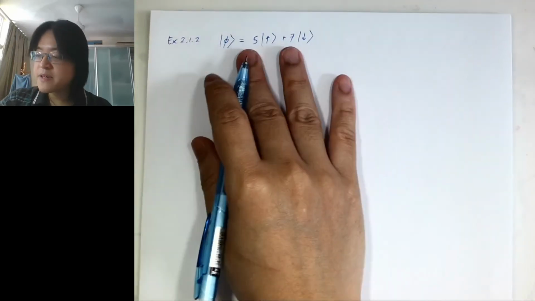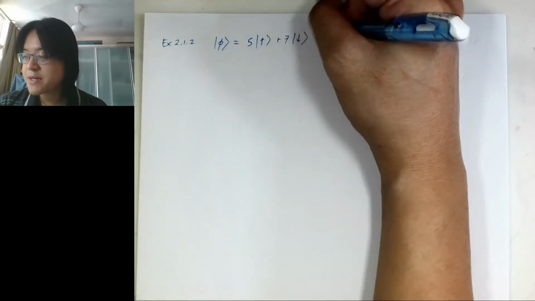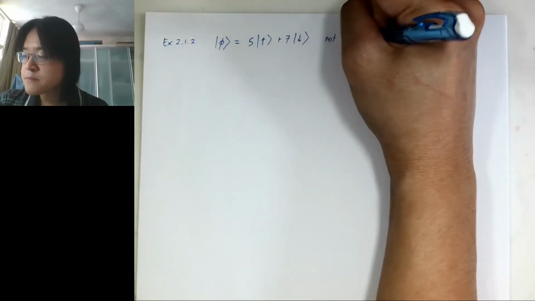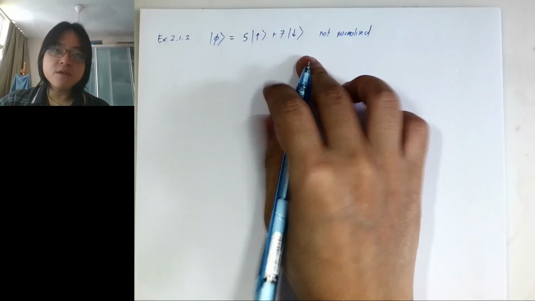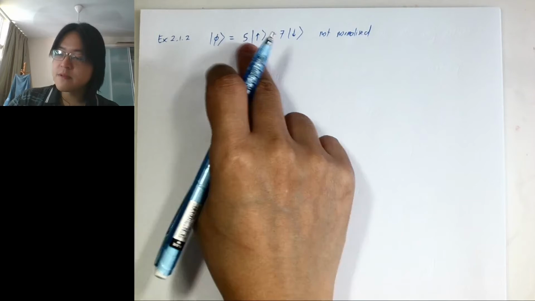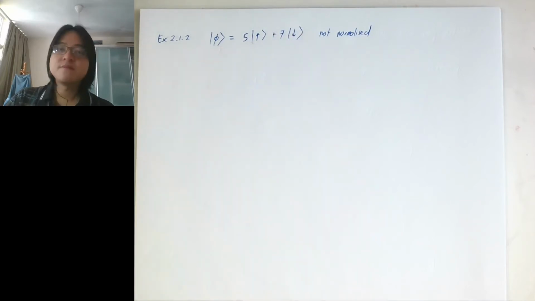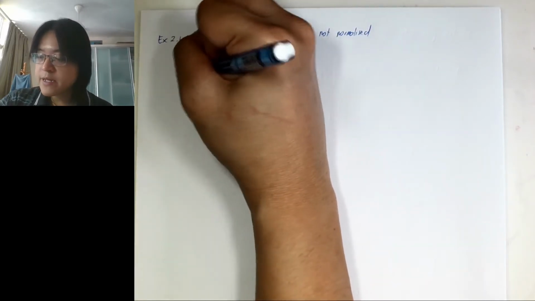Both of these are quite large numbers, so we can expect that this is not normalized, right? Because if it's not normalized, then we cannot calculate the probabilities correctly. They will not sum to 1. This square plus this square gives a huge number. But we need to normalize this by finding the norm first.